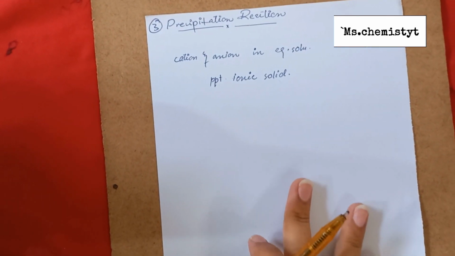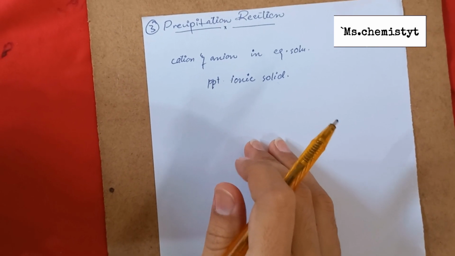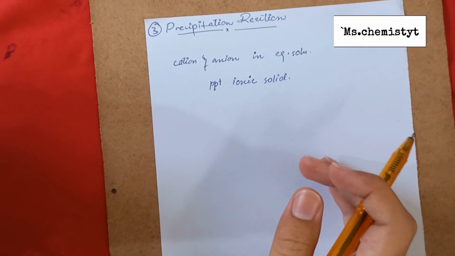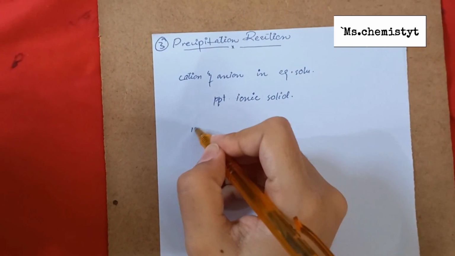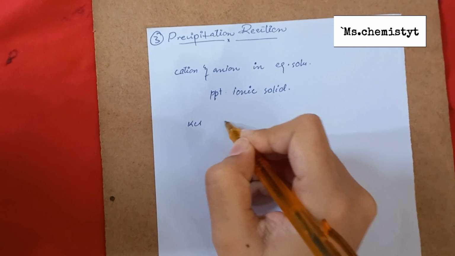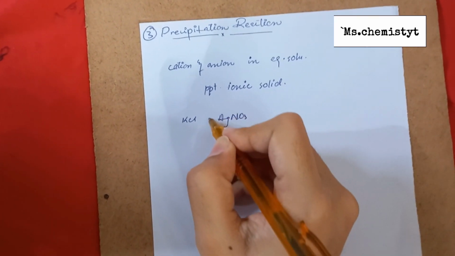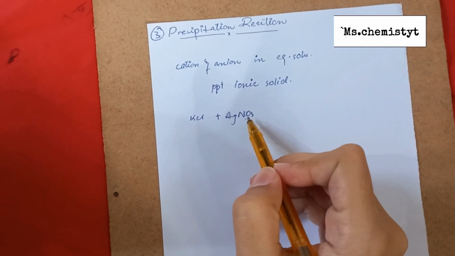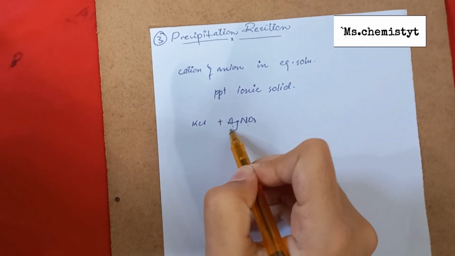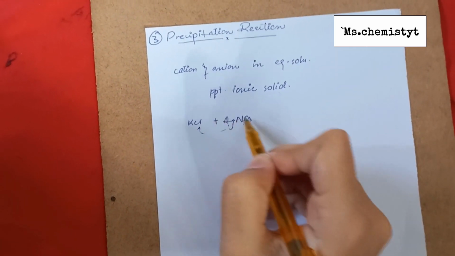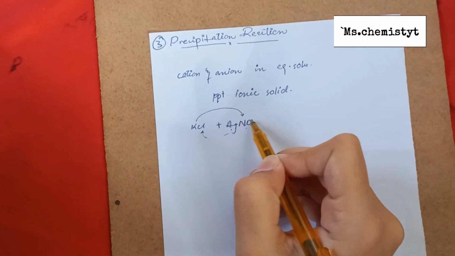Let's understand it by some examples. For example, here we have the chemical reaction between potassium chloride and silver nitrate. When they react with each other in aqueous solution, the silver will react with chlorine and the potassium will react with the nitrate.